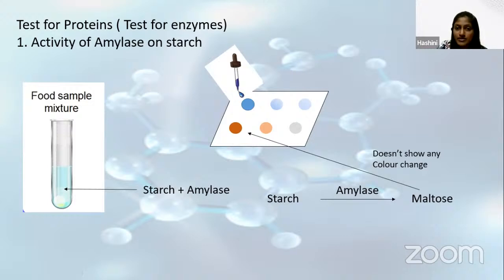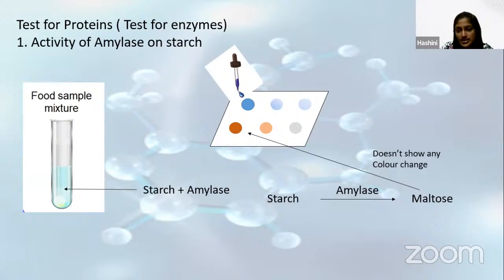And we continue this process within 20 minutes. So what happened within this 20 minutes? This amylase, these enzymes, can break down starch into small parts. That means it breaks down this starch into maltose, right?